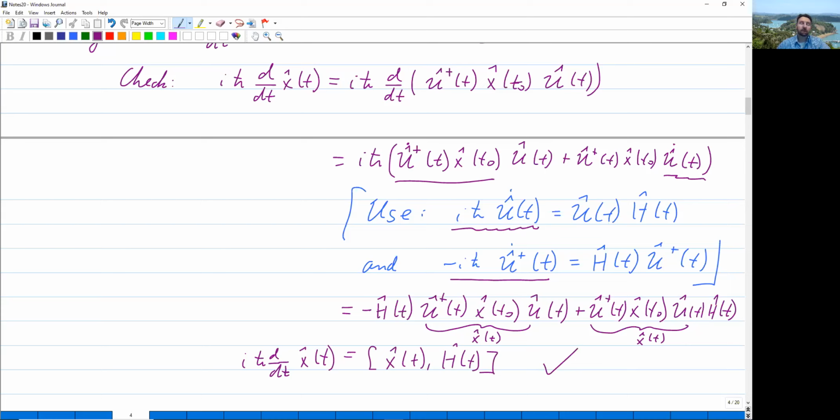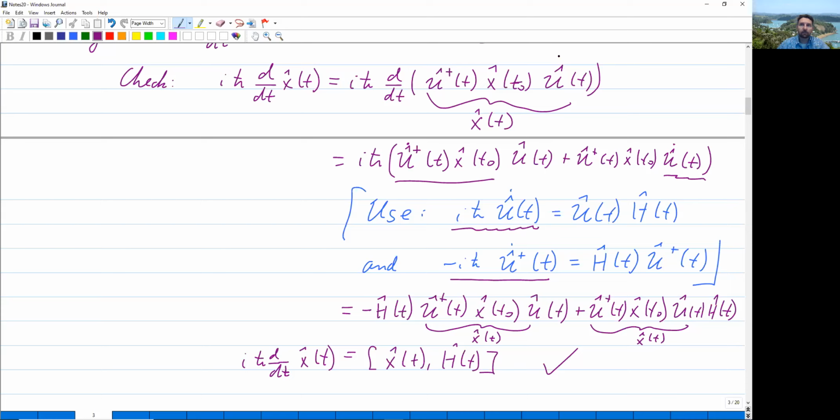So here we've shown that the position operator expressed in this way in terms of the time evolution operator will obey the correct equations of motion.